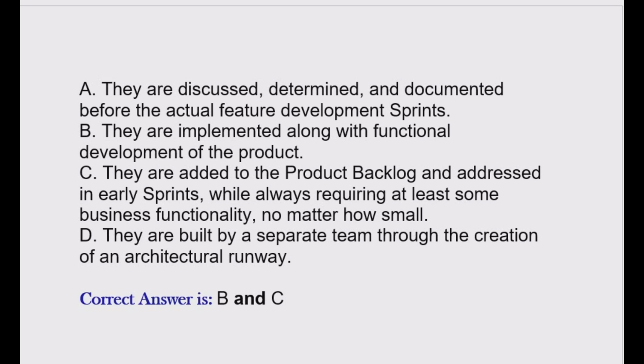Option C, they are added to the product backlog and addressed in early sprints while always requiring at least some business functionality, no matter how small. Option D, they are built by a separate team through the creation of an architectural runway. Correct answer is option B and option C.